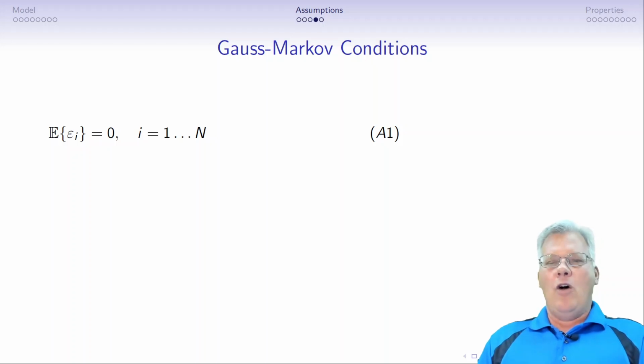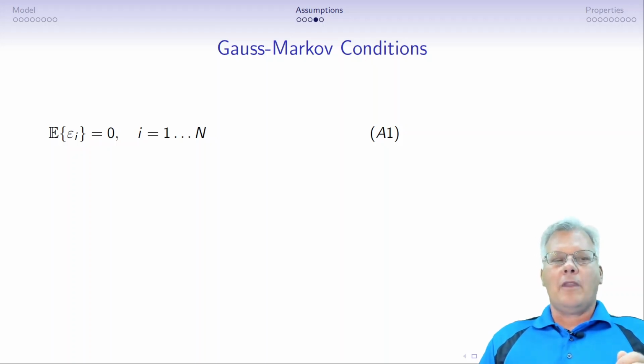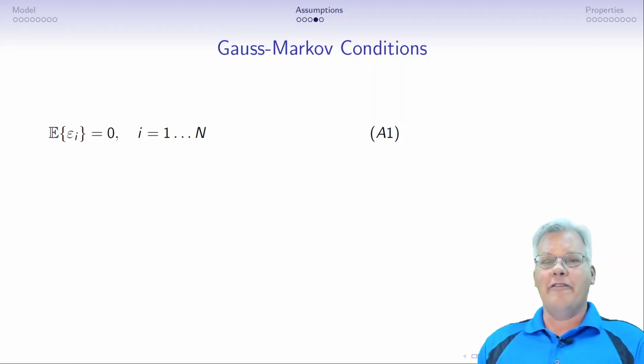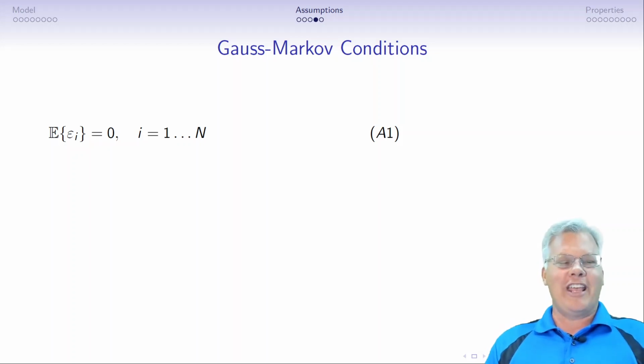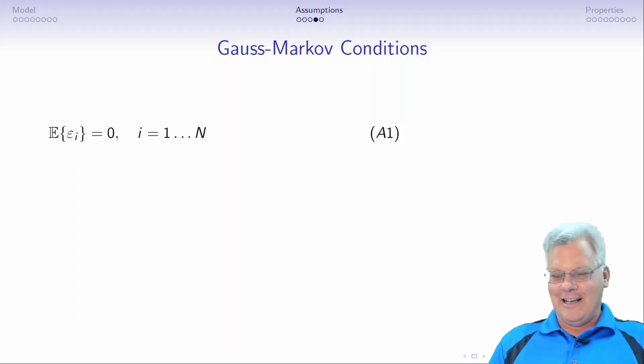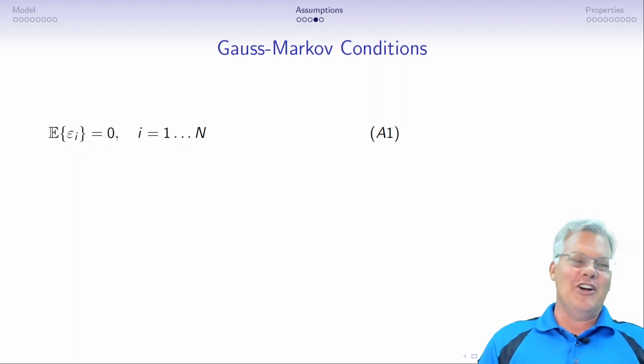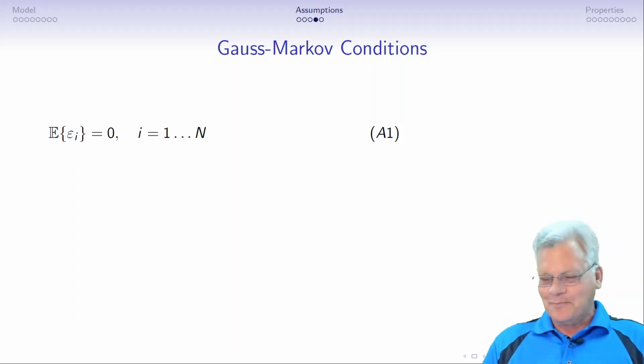Okay. Now, a very famous early result from ordinary least squares theory is due to Gauss and Markov. Carl Friedrich Gauss was a mathematician who lived in the 1700s, and I guess I have to tell you a little story.